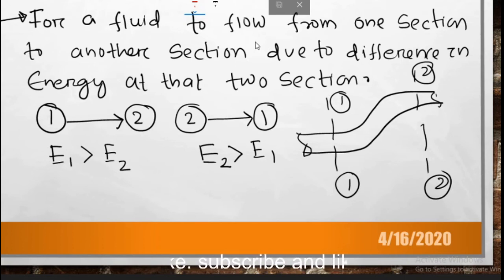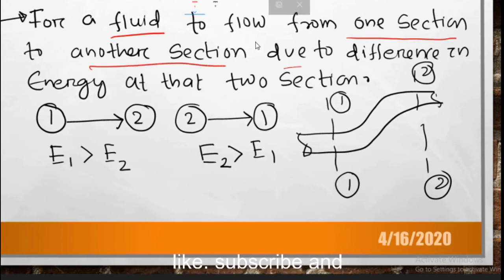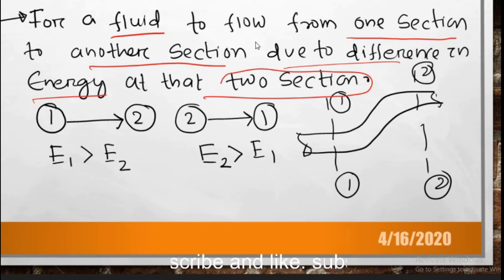But as far as fluid dynamics is concerned, the fluid flows from one section to another section due to the difference in energy at the two sections. If the fluid is flowing from section 1 to section 2, it is moving because of the energy difference. This is the sum of potential energy, kinetic energy, and pressure energy.